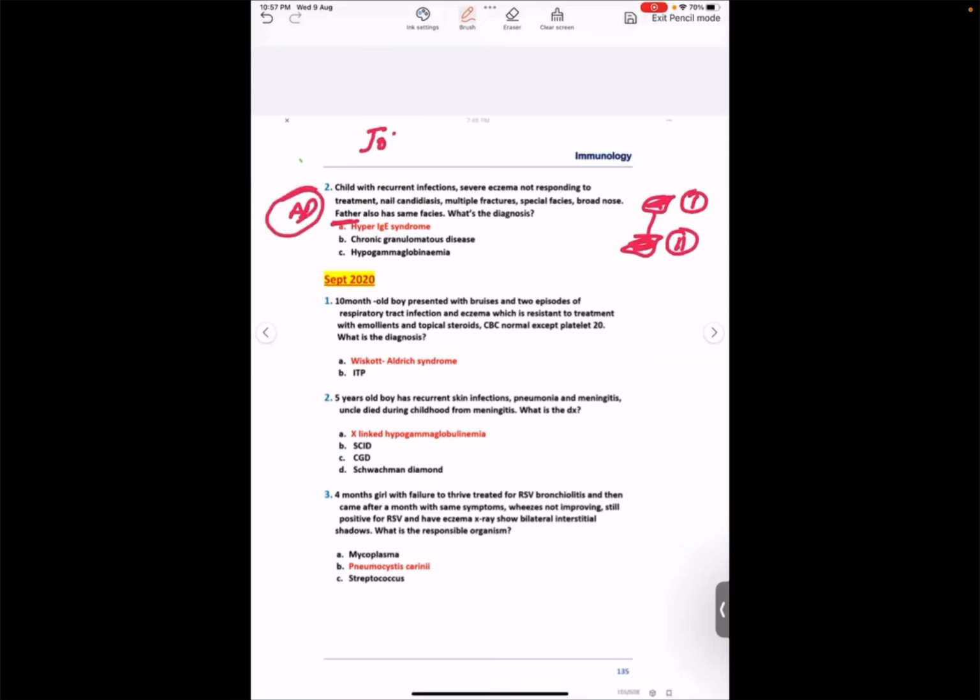That is Job syndrome. Remember, Job syndrome is very specific: fractures, special facial features, immune deficiency. What is the other name for that? It's hyper IgE syndrome.